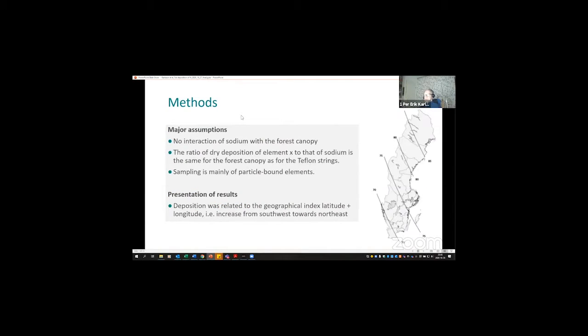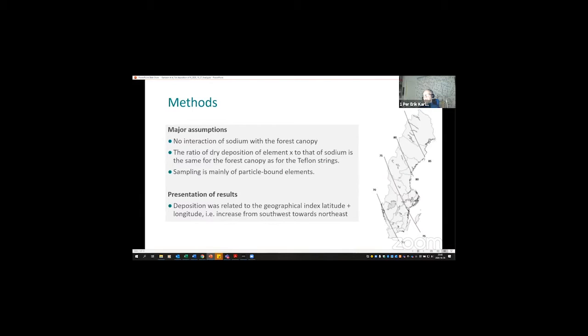Of course, there are some assumptions associated with this method. And the first one is that sodium is biologically inert. So we assume that there's no interaction between sodium and the forest canopy. And the other major assumption is that the ratio of dry deposition of the element that we are interested in to that of sodium will be the same for the Teflon strings as for the forest canopy.